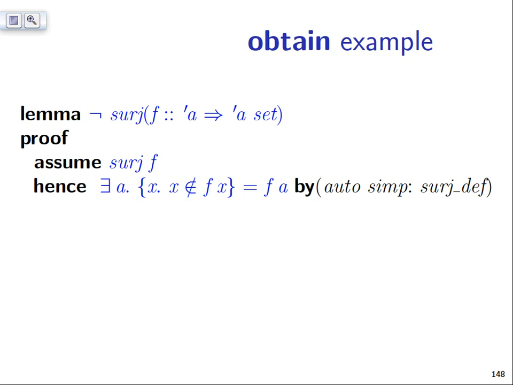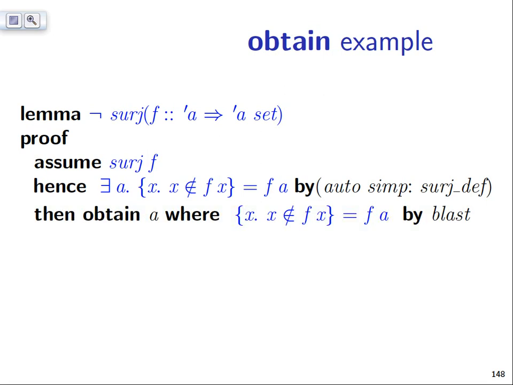Now we will look at this step from here to false in more detail. Now we say, please give me a little a that has this property. The then is important because you're using the previous statement to obtain this little a. Obtain a where, and now you just copy this equality here.